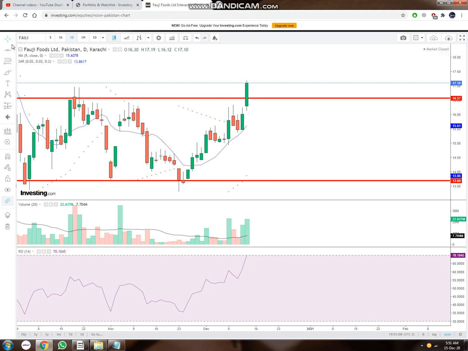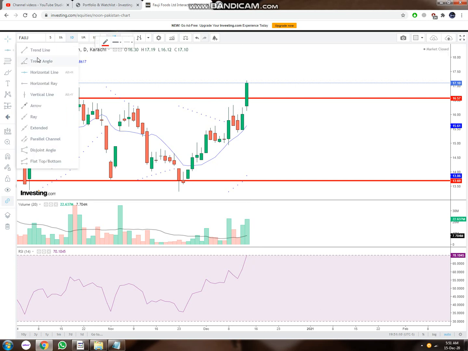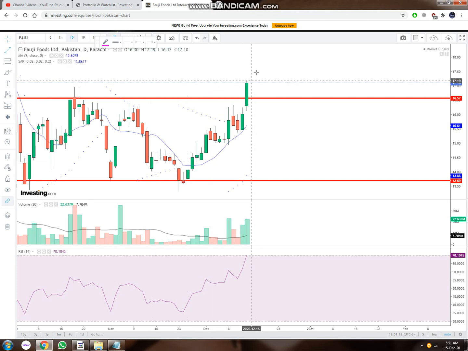If it moved up, and another candle came down here, touched this trend line, and then moved in the upward direction, this is a real breakout, as it confirms the validity of the trend, that it's a bullish trend and will move in the upward direction. So this is a real breakout.